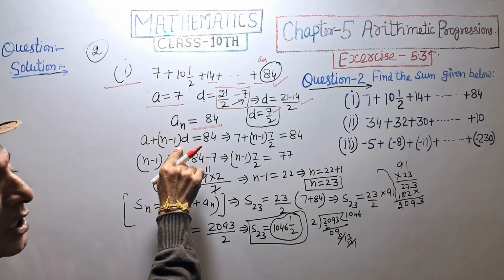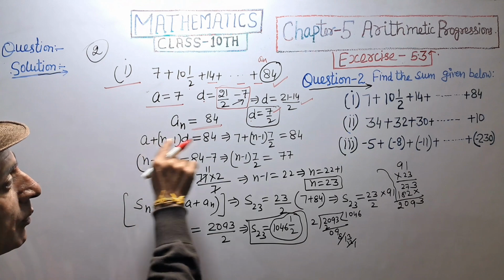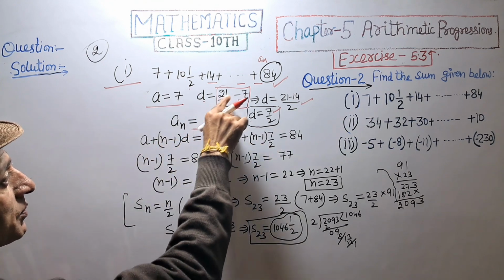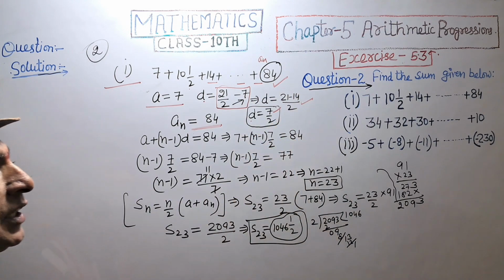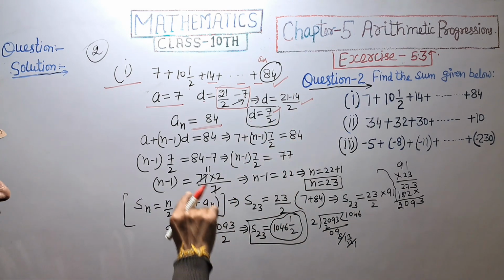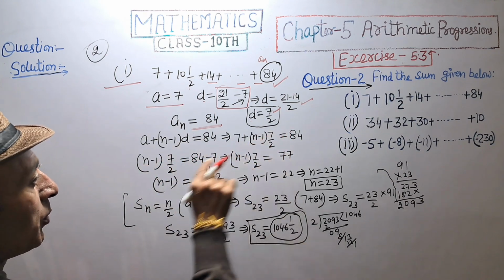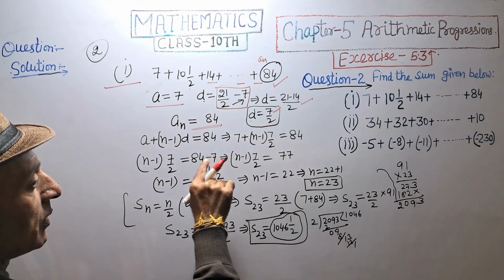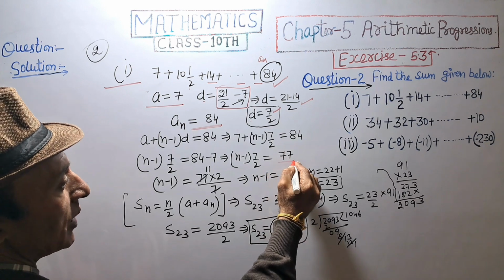that is A plus (N minus 1) into D is equal to 84. So A is 7, we put here 7 plus (N minus 1) into D, where D is 7 upon 2, equal to 84. (N minus 1) into 7 upon 2 is equal to, shifting 7 to the right side, 84 minus 7, that is equal to 77.